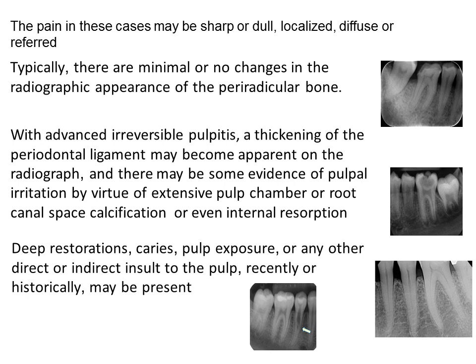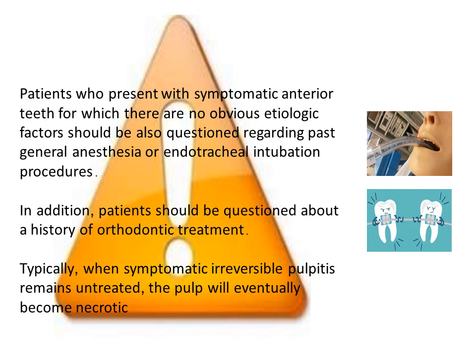See here, and this is the internal resorption. Deep restoration, caries, or pulp exposure or any other direct or indirect insult to the pulp will cause the irreversible. Sometimes a patient comes to you with nothing on the X-ray, while the symptoms are of irreversible pulpitis.